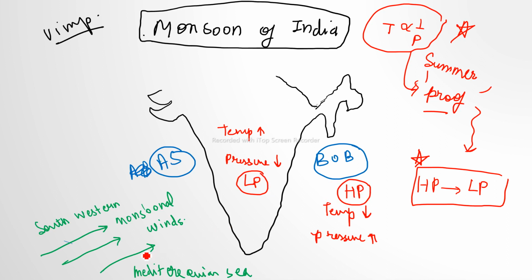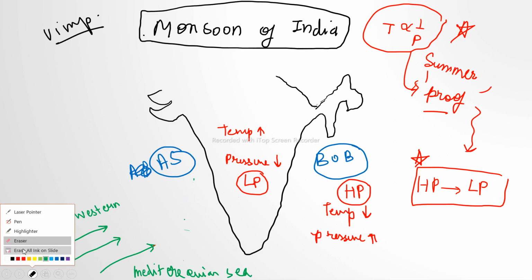So how are the winds coming from here going to move? They are going to move towards the land. Since it reaches the land, it picks up the moisture content from the water bodies. And it doesn't come this way. Actually what happens is that they are coming from here. So what they are going to do is get divided into two different branches.